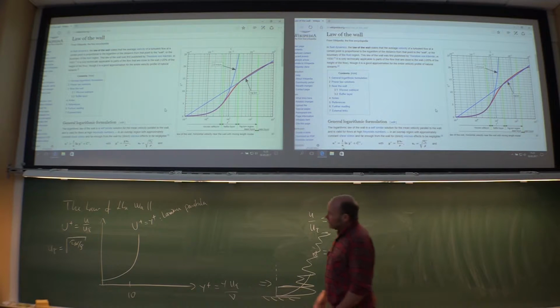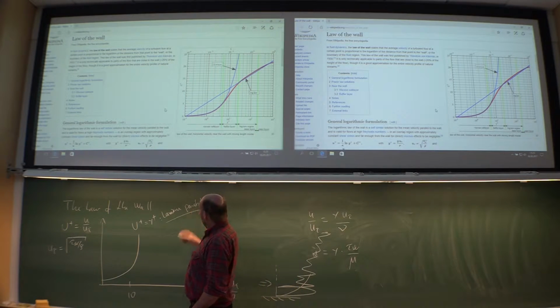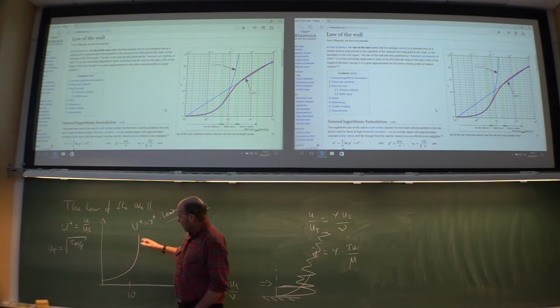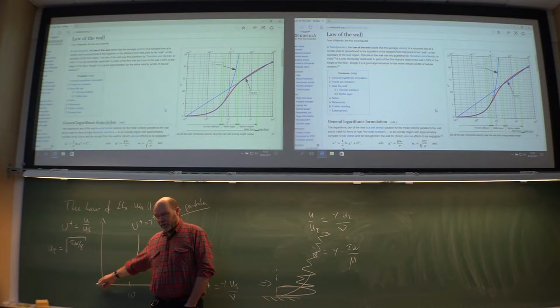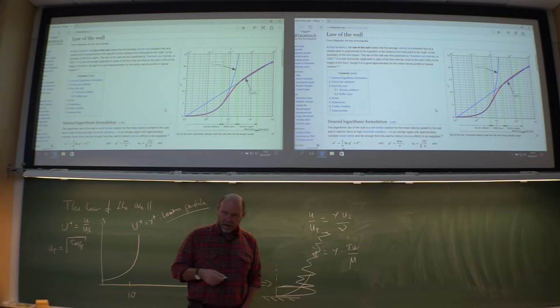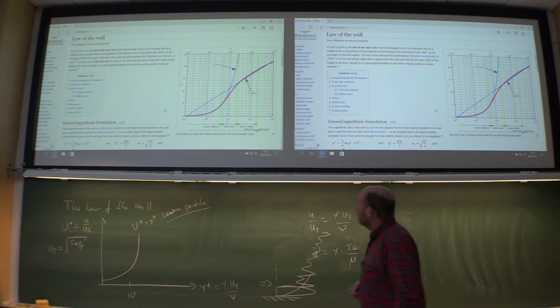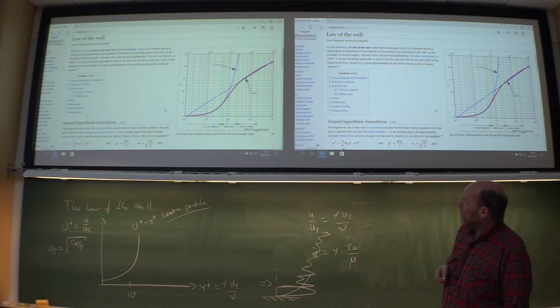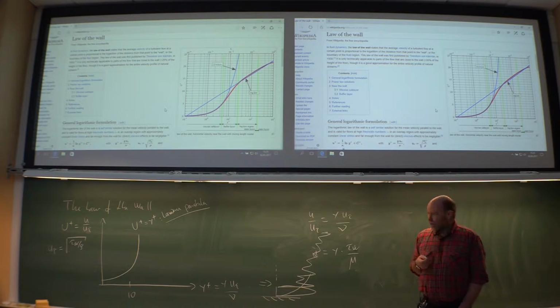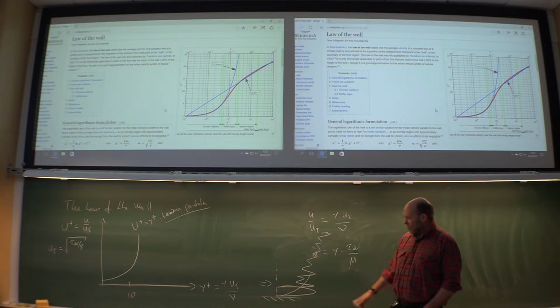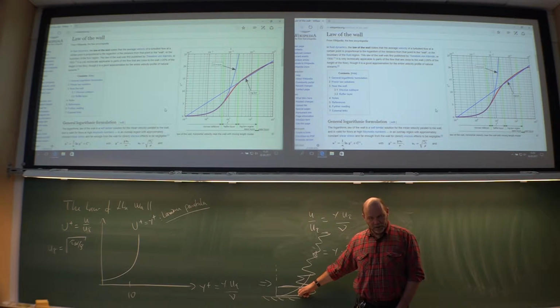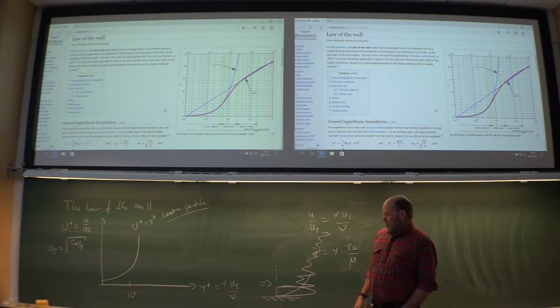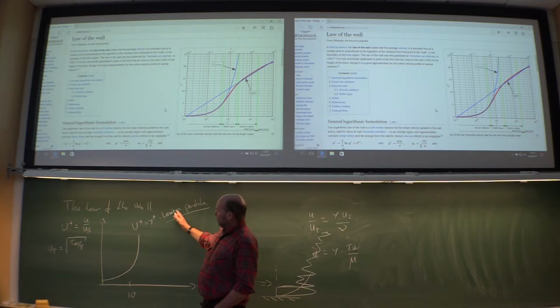So yes, we call it the laminar parabola, a laminar solution, or even a viscous sublayer, many names for this innermost layer. People have the imagination that, oh, it's laminar in there. That's a very big lie. That's actually where all the turbulent action takes place. It's really violent. But on average, yes, you get this one here.